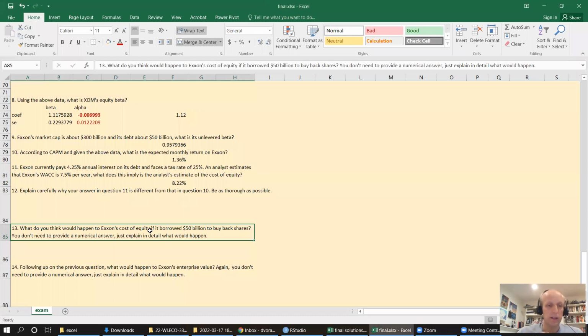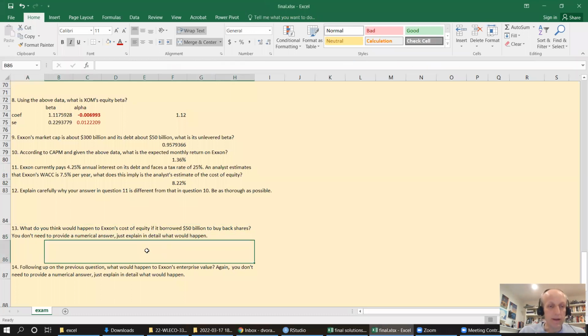Again, here, this is a sort of a narrative answer rather than a calculation. If we increase leverage, we know that equity becomes more risky. When you have a high leverage, the debt holders, they collect their interest no matter what is the state of the economy. And the residual income for equity holders becomes much more volatile.